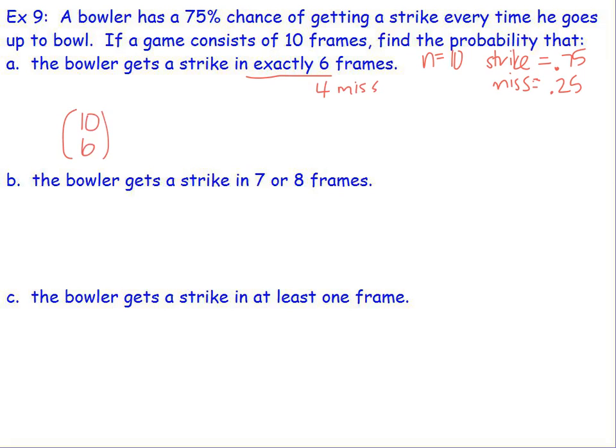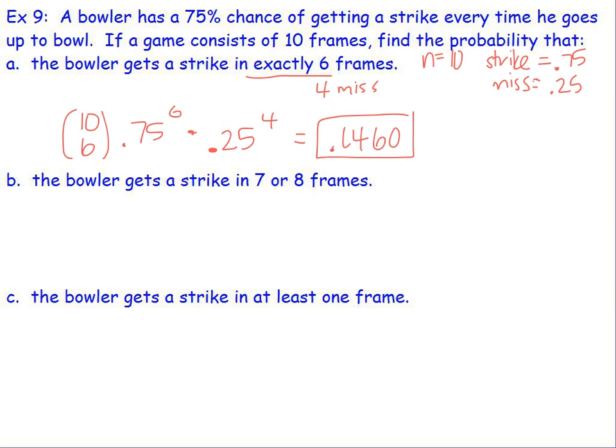What's the probability of a strike? 0.75. We have 6 of those, times, what's the probability he misses? 0.25. And how many times does that happen? 4. Calculator, if you type it in, you end up with 0.1460.